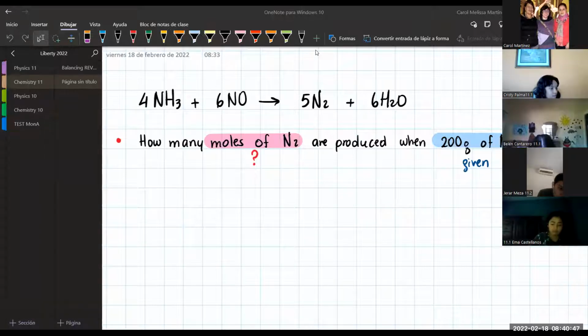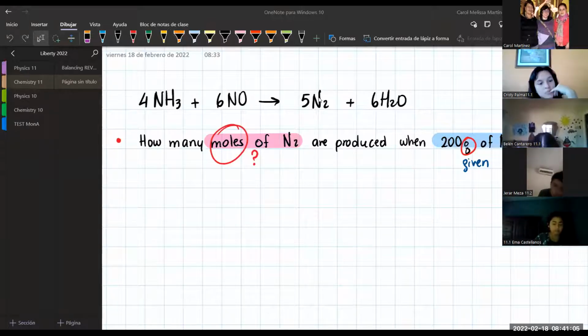So what do we do after? You analyze that they're giving us a value in grams, and they're asking us to find moles. This is going to define what type of conversion you have to make.